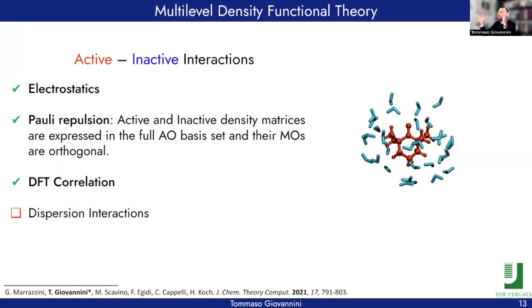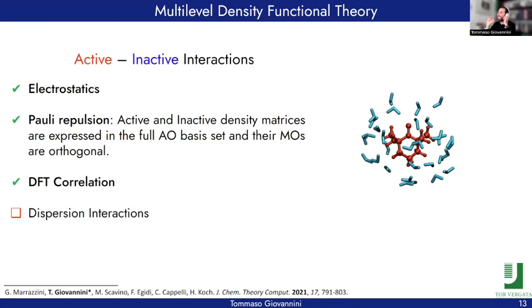What you want to do is determine the best density of your active part, the target system of your interest, in the field of the inactive part. The idea is exactly the same as QMMM, but here, instead of QMMM, you have a density determined at the DFT level to describe the environment.